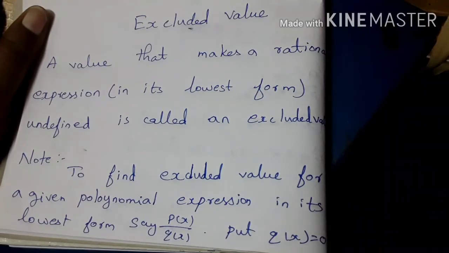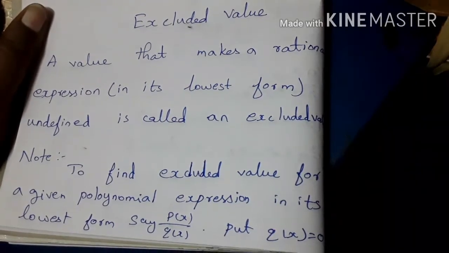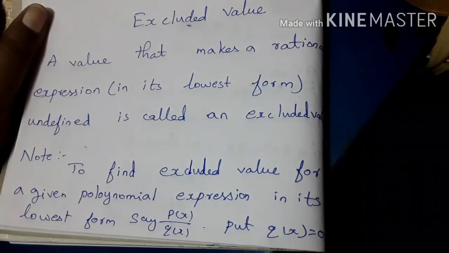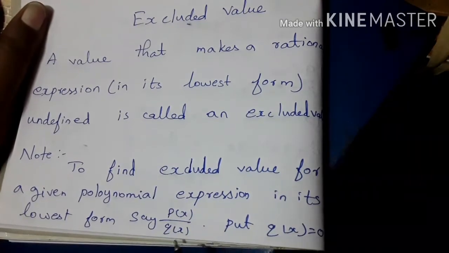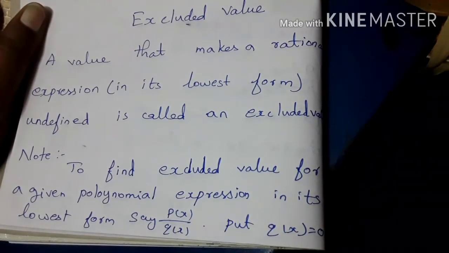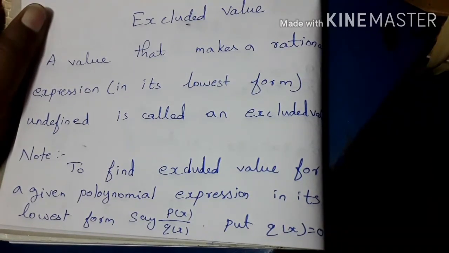For the given rational expression in lowest terms, p of x by q of x, when q of x is equal to 0, the value we put that makes q of x 0 is called an excluded value.